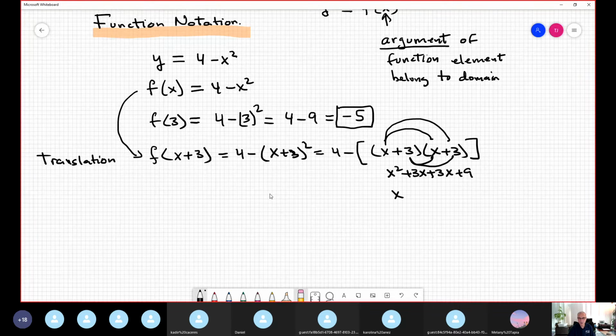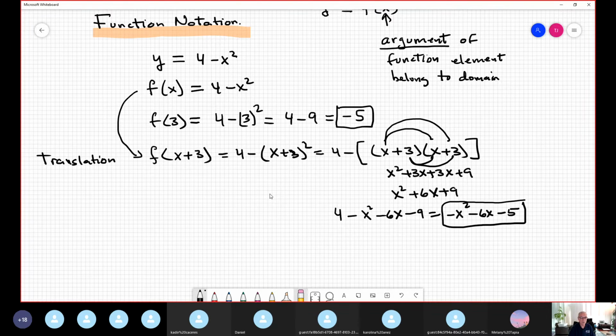We combine like terms: x squared plus 6x plus 9. This is an expression inside that bracket. So 4 minus, and this affects everything: x squared minus 6x minus 9. Okay, what's the final answer then, professor? It's minus x squared minus 6x minus 5.